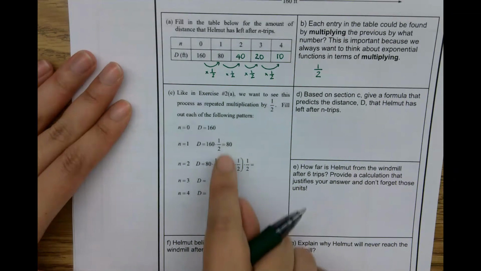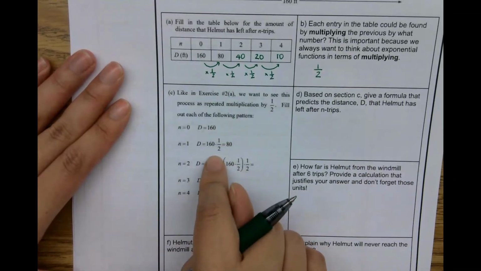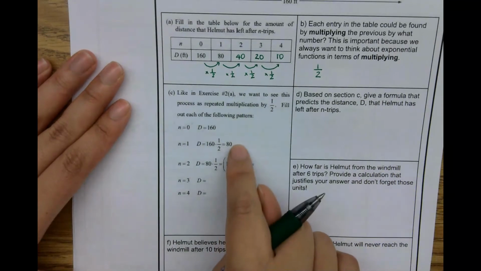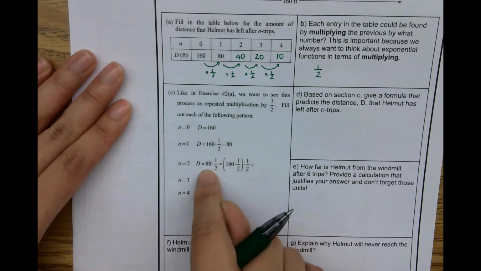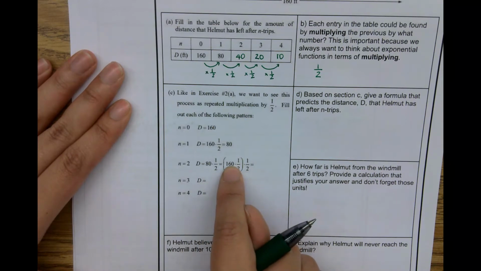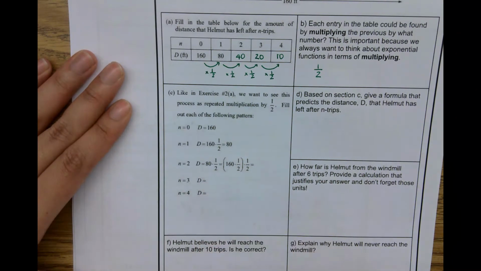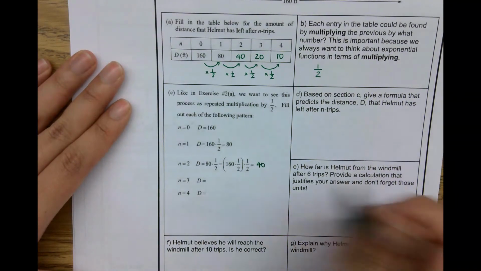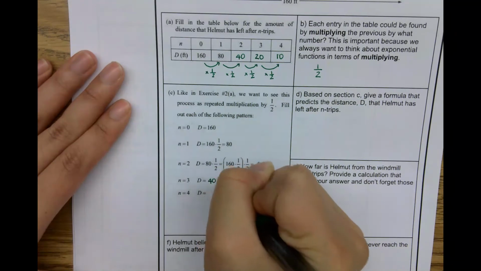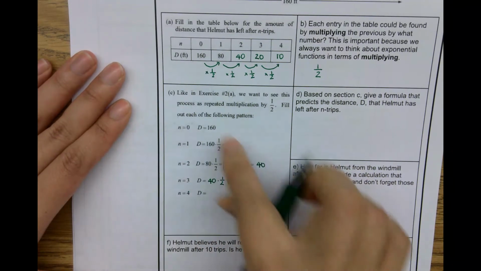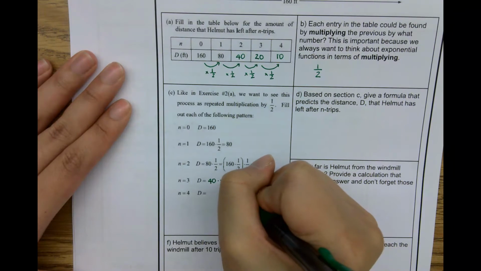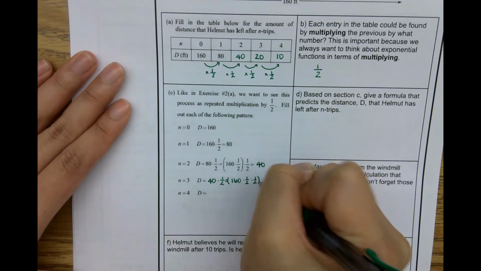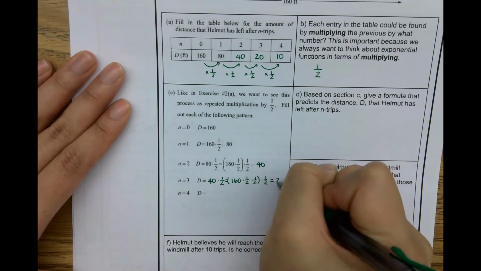So here, start at 160. After 1 trip, we did 160 times 1/2, which gave us 80. Then the next trip, we take what we had previously, 80, multiplied by 1/2, or also known as what we had, 160 times 1/2 times 1/2. This gives us 40. Then to find the next distance, we do 40 times a half, or if we think back to what it was before, it was 160 times a half, and now we're multiplying that by a half, which gives us 20.